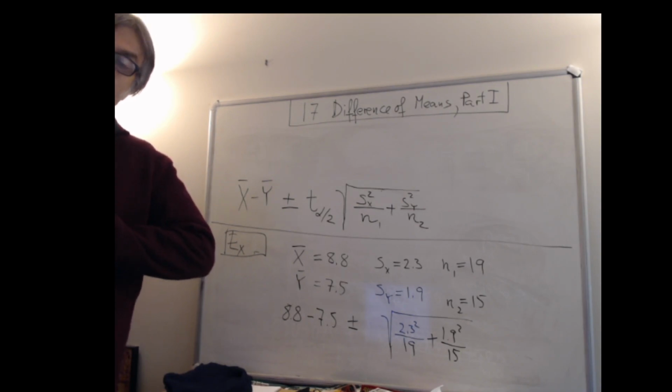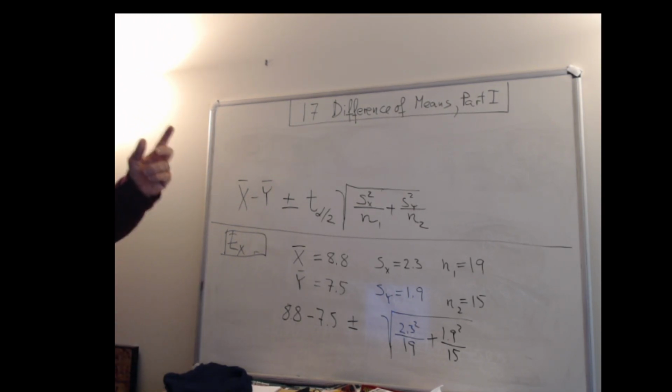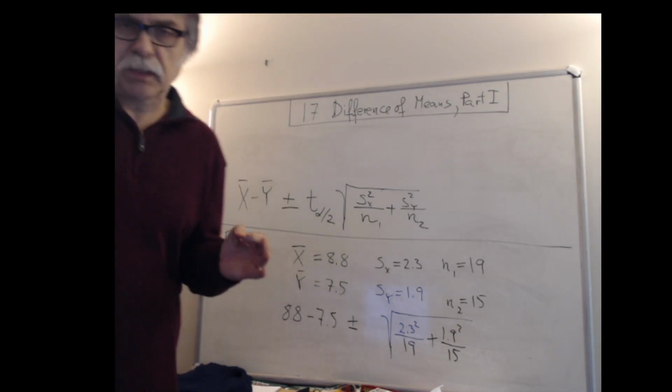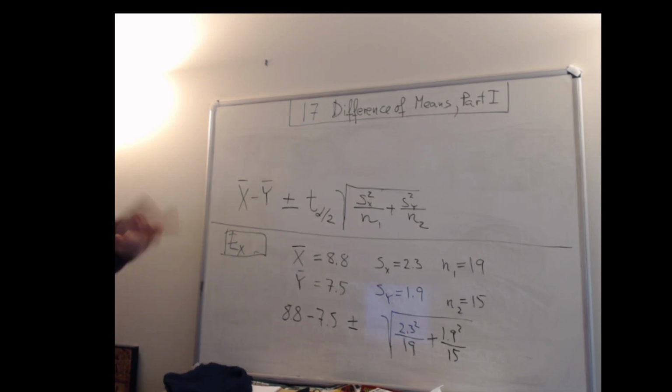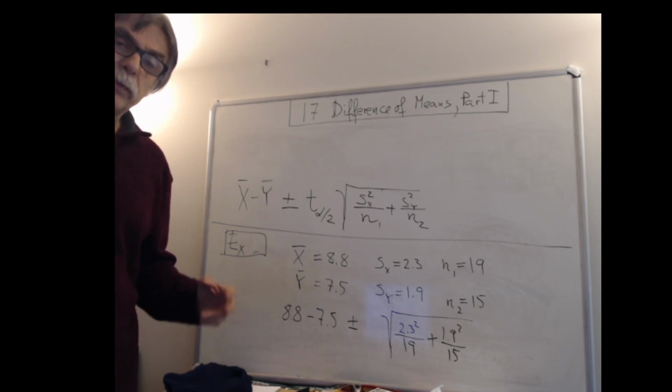Okay, now we have a little story here. In the first group, you have 19 birds. The degrees of freedom in the first sample is 18. One less than the size of the sample. Size of the sample is 19. In the second group, you have 15 birds, which means the degrees of freedom in your sample is 14.